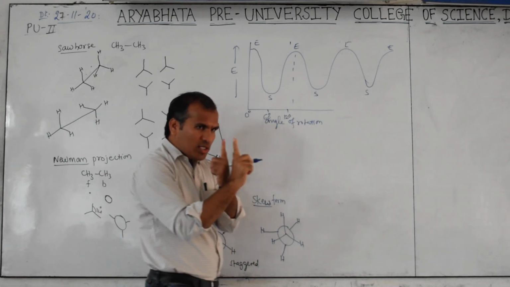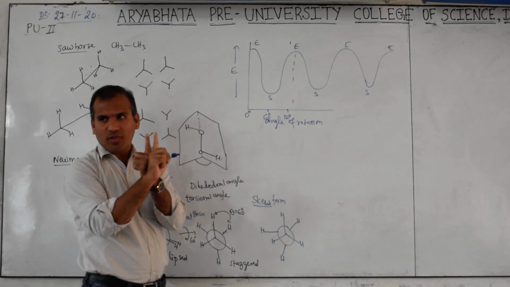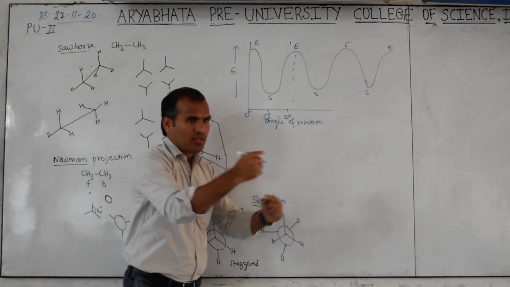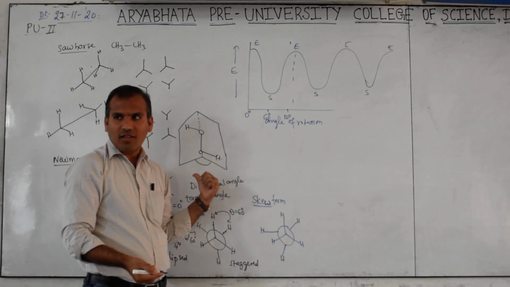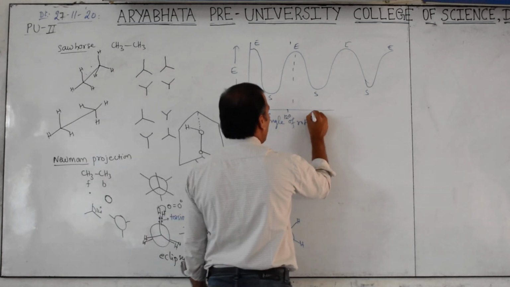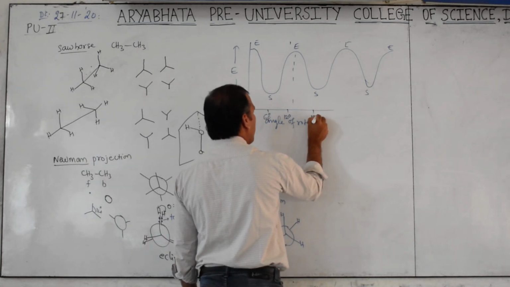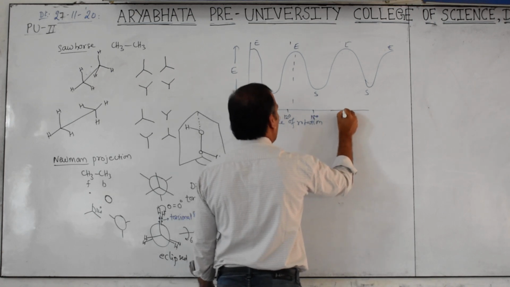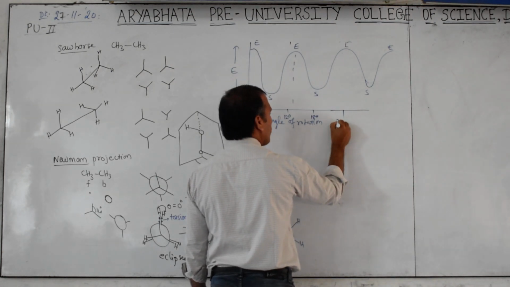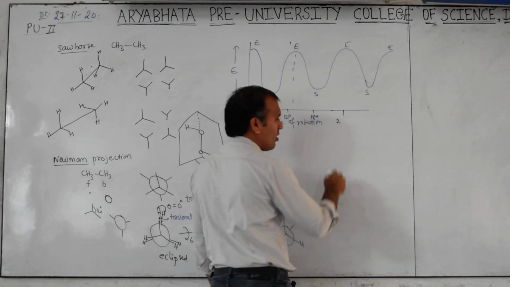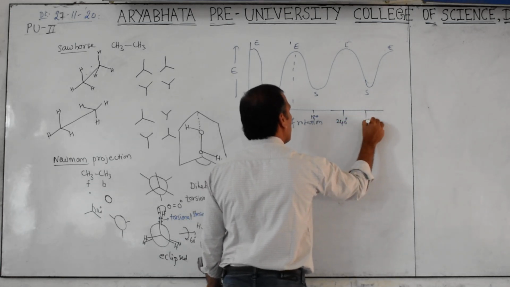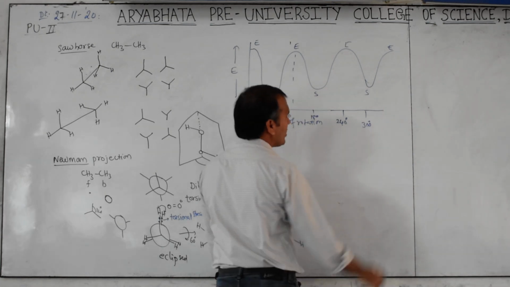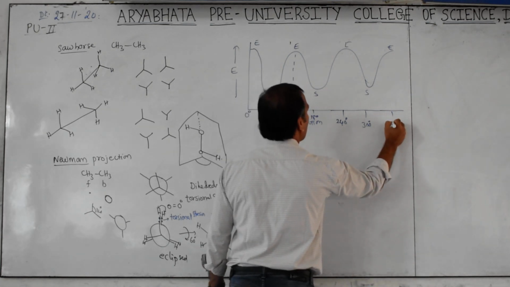But there, what is the torsional strain? 0. The angle of rotation, how much are we rotating? Next, again 60, how much? 180? Again 60, 240? Next, again 60, 300? That much only? 360. Because it closes, it is like a circle.